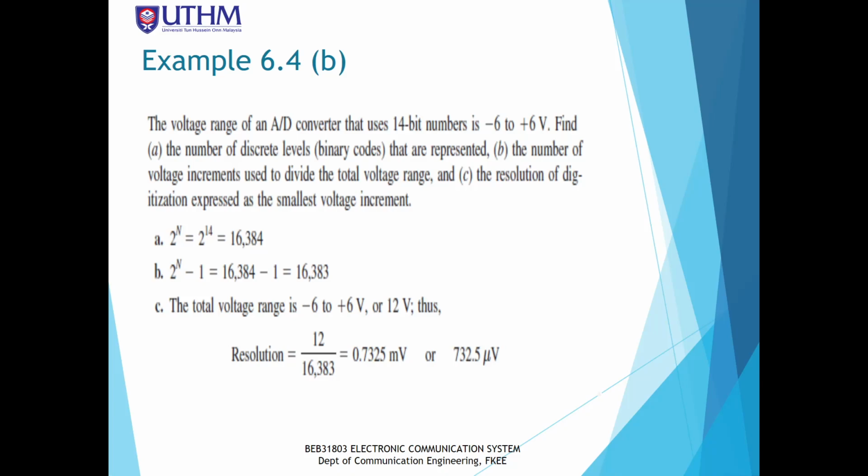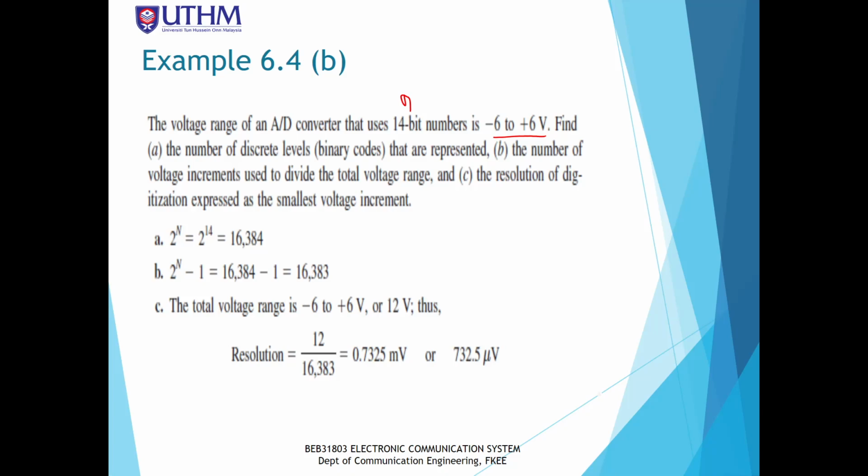Okay, so 6.4b, this is also about the quantization process. You see the voltage range of an analog to digital converter that uses 14 bits, that means n equals 14. So the quantization range is between -6 to 6 volt.